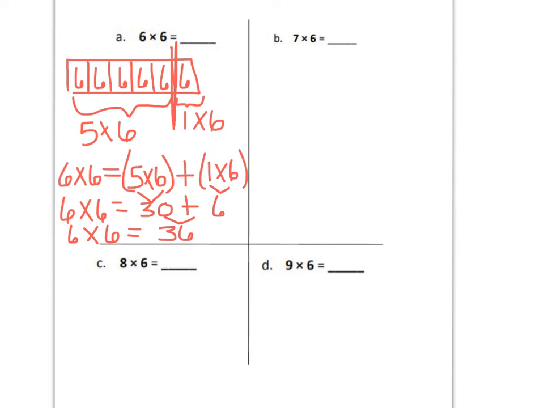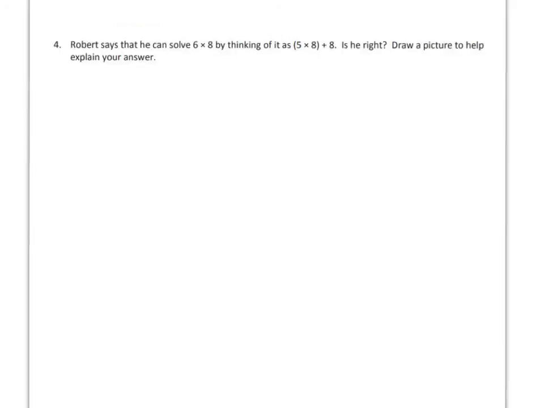I now want you to complete the rest of this page. This is Module 3 problem set, but I modified it down for you because I want you to draw your own tape diagrams. You are going to show the same work that I showed right here. After completing those first 4, you're then going to flip the page and complete the back word problem about Robert.